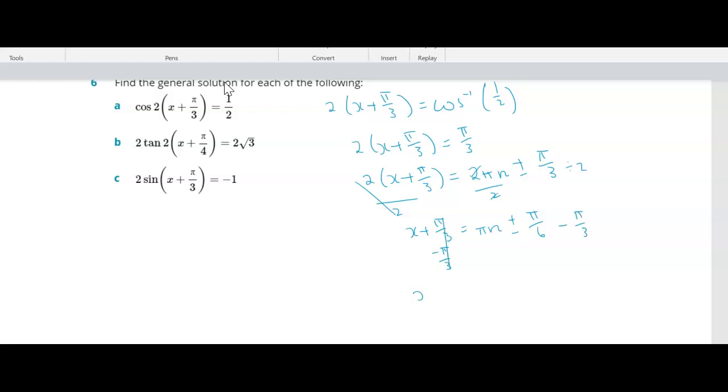So x is equal to pi n. We'll do the plus first, so plus pi on 6 minus pi on 3, which is the same as 2 pi on 6. So that is x equals, now I should write n pi, not pi n, negative pi on 6.